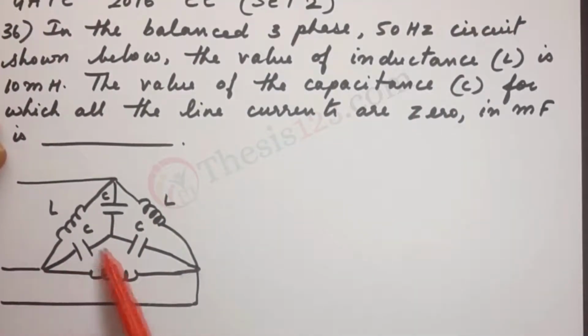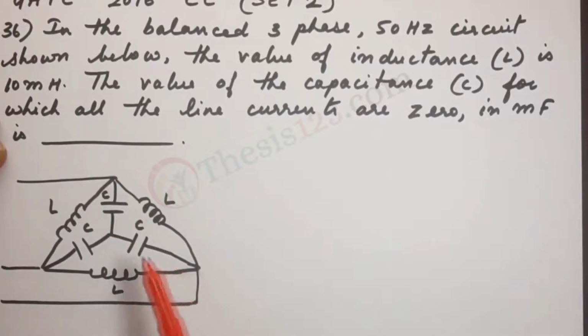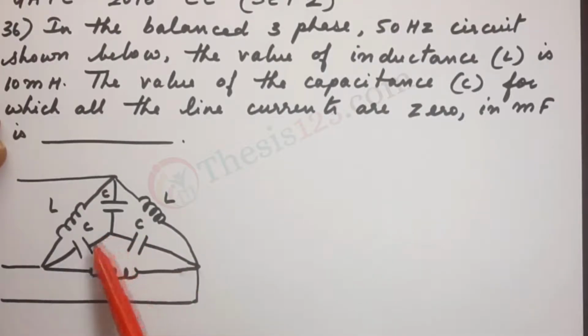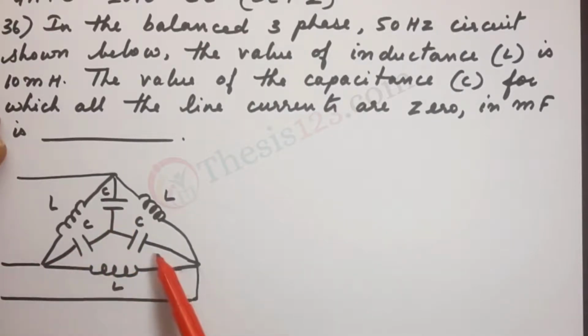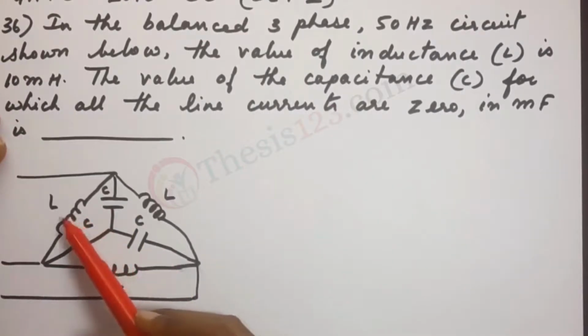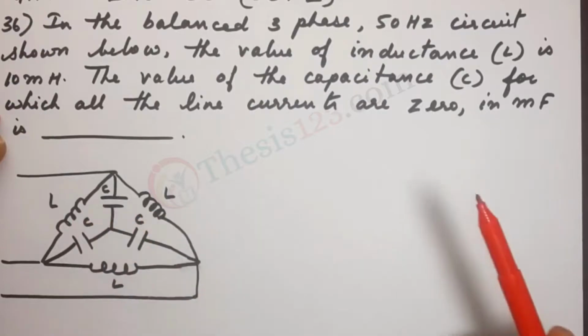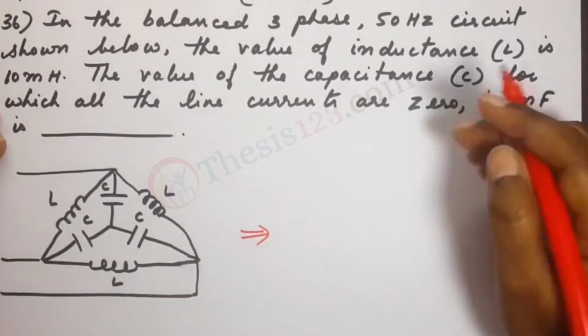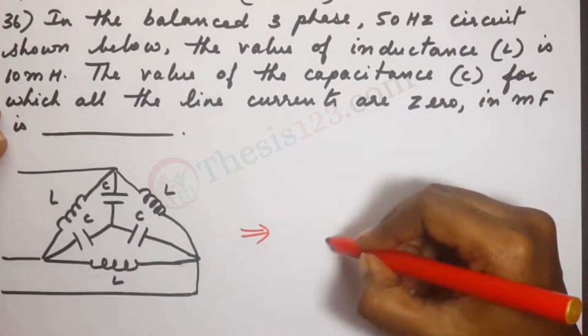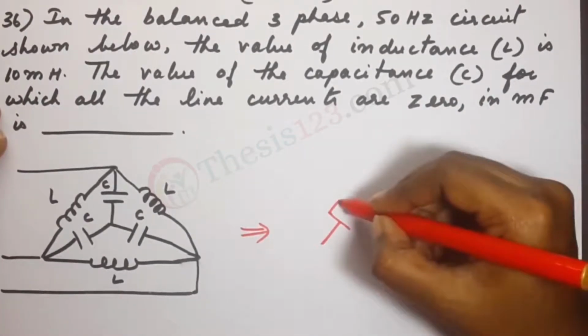So since the capacitors are connected in star, it is important for us to convert it into delta form so that for each branch we have a parallel of inductance and capacitors. So what happens here is, I'm going to do my best and try and draw this as clearly as possible.